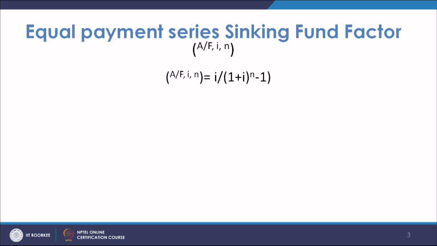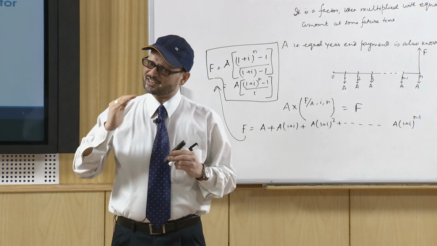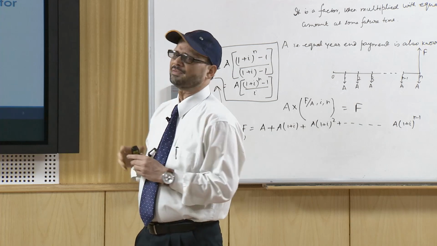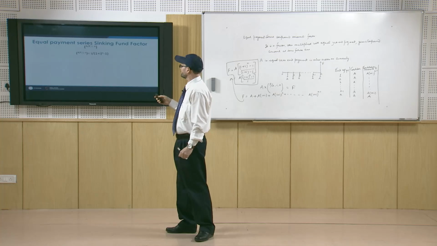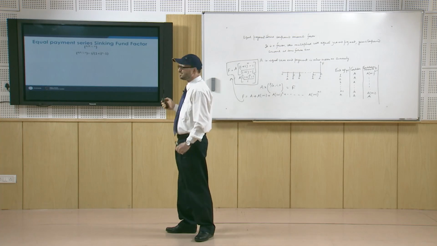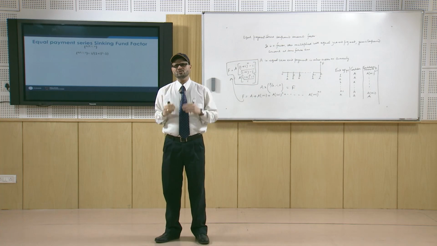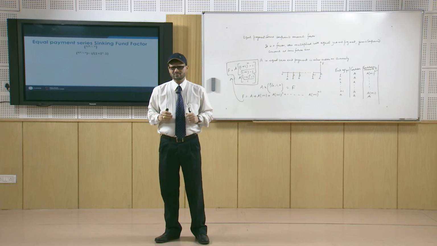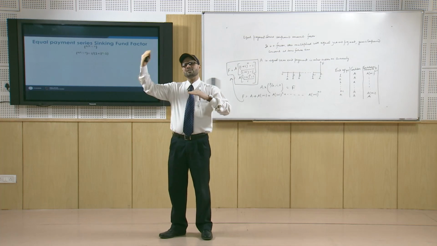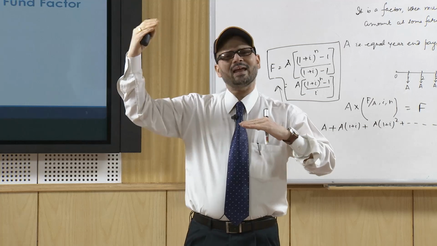Next is equal payment series sinking fund factor. This factor is basically the reciprocal of the previous factor. In this case, this means that you are basically depositing certain amount every year end, so that you get something at the end.